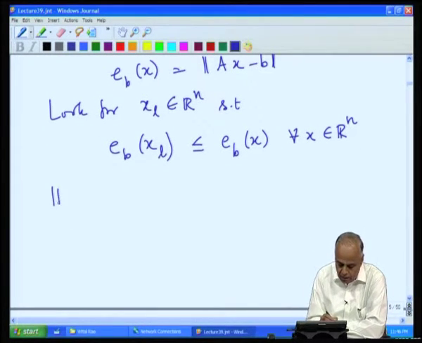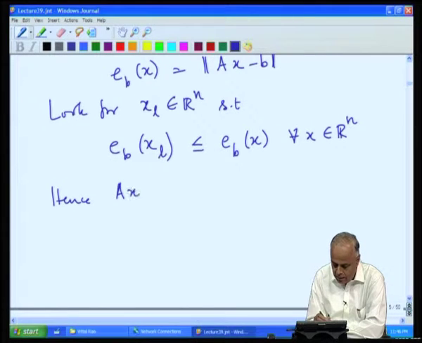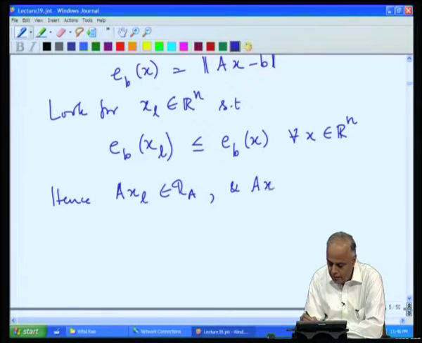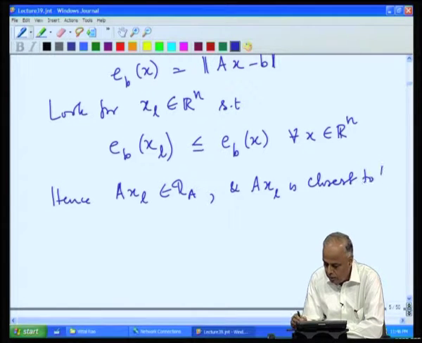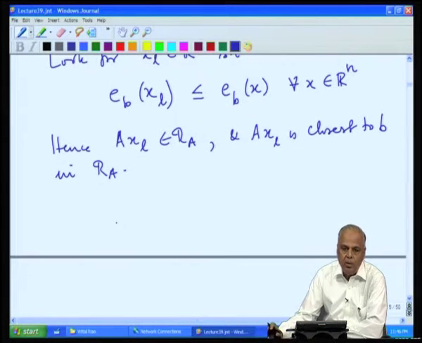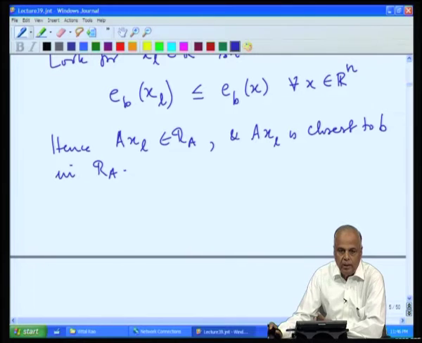So, hence Ax_l belongs to the range of A, first thing, because it is A of something, and Ax_l is closest to b in the range of A. But we know that the vector closest to b in the range of A is b_r.